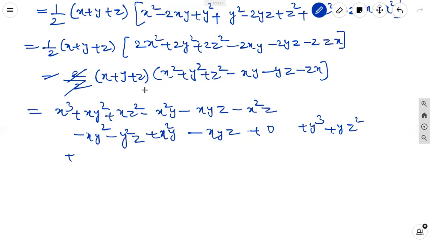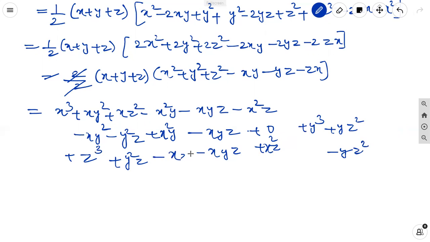Next, multiply with z: zx square, plus zy square, plus z cube, minus xyz, minus yz square, minus xz square.